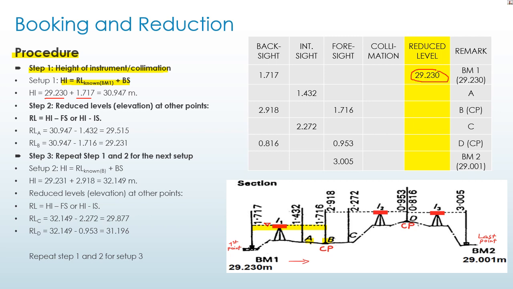Known point, and you add the backside reading. You get the height of collimation for that setup. So now it's 30.947.